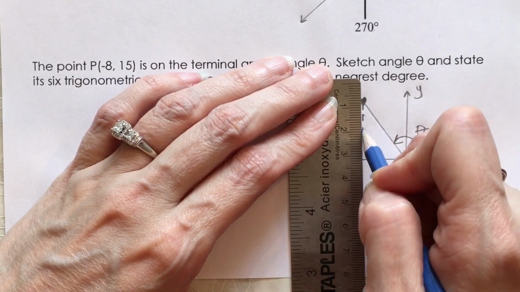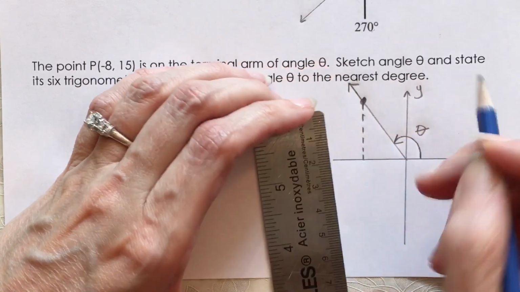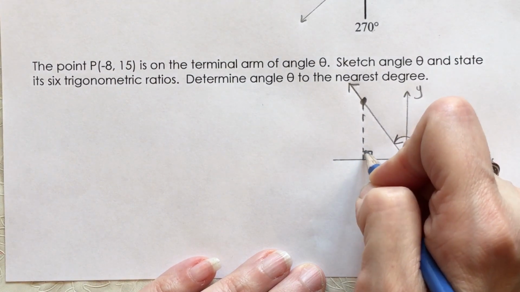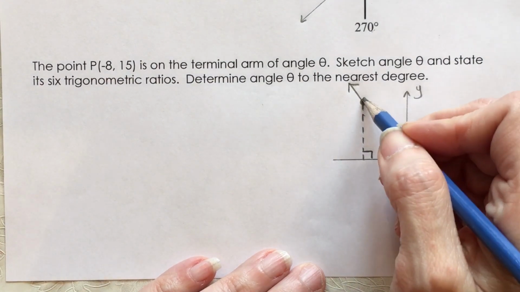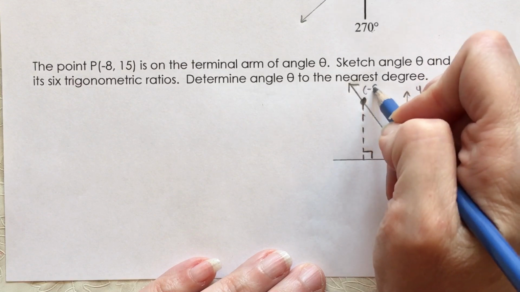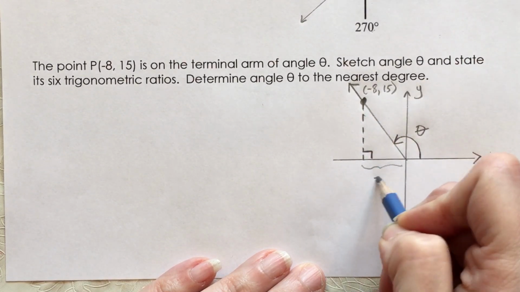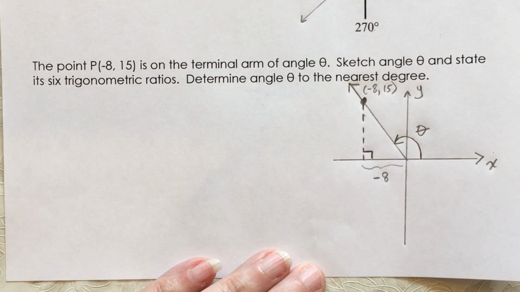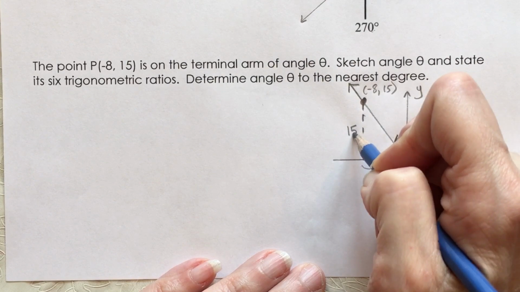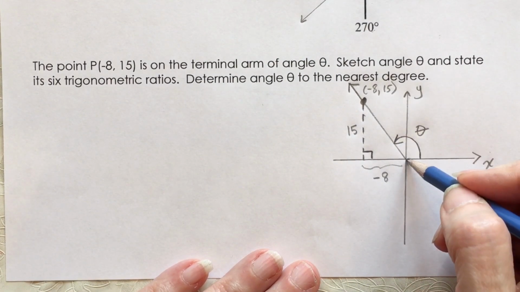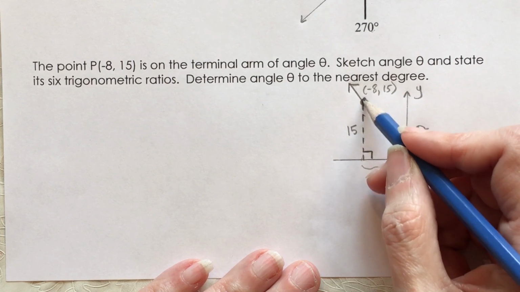So you can see that angle theta isn't even inside the triangle that we're drawing. But we've made a right angle triangle, and if this point is -8 and +15, then this is going to be -8, the x distance, and this is going to be +15. To get from 0, 0 to the point (-8, 15), we go -8, up 15.